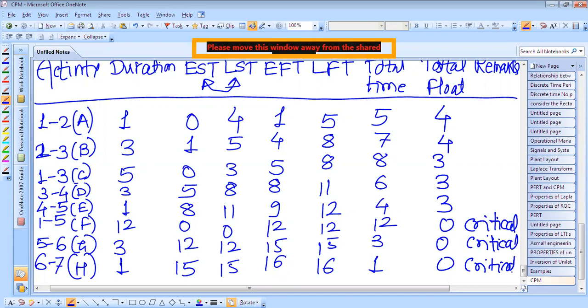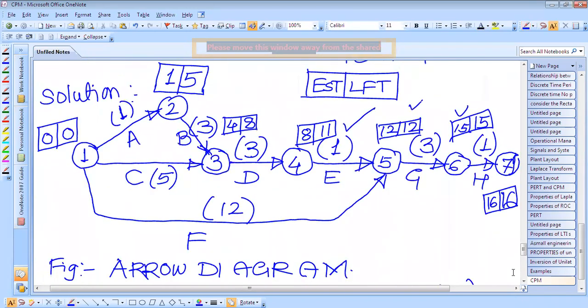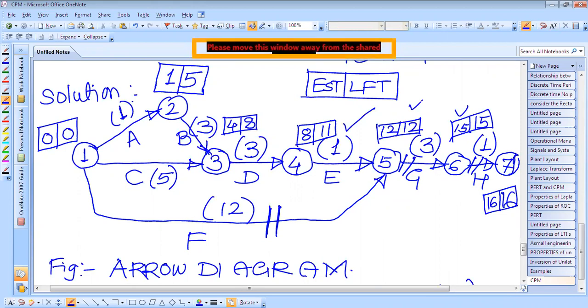Which activities are critical activities? F, G, H. So we have to mark here F, G, and H. This activity we have to mark as a critical activity. Critical activities are marked by 2 lines shown like this. So that activity is called the critical activity.